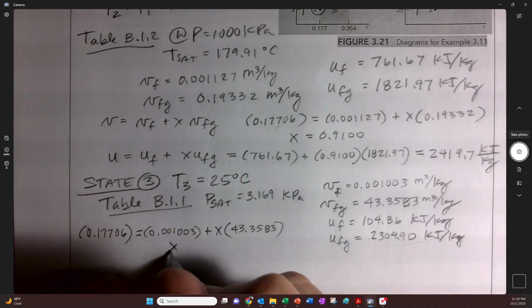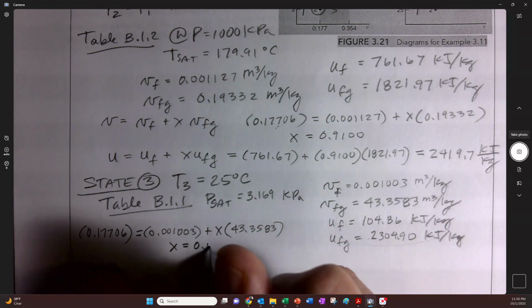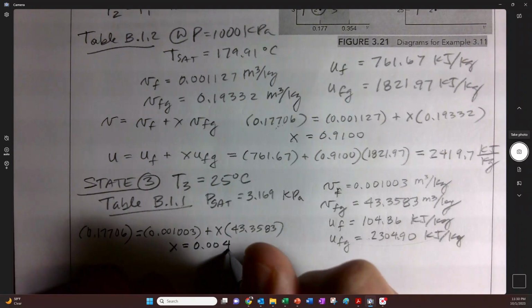And our new X is going to be very small, less than 1%. It's 0.4%.